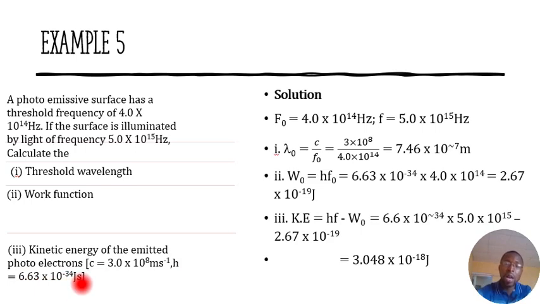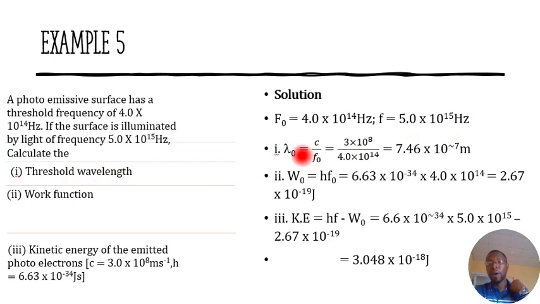Okay, so let's take out our parameters in this question again. Here we are told that the photoemissive surface has this threshold frequency, that's our f naught. So f naught is 4.0 times 10 to the power 14 Hertz. Now if another frequency is used, which is now our f, 5.0 times 10 to the power 15, we are made to calculate the threshold wavelength.